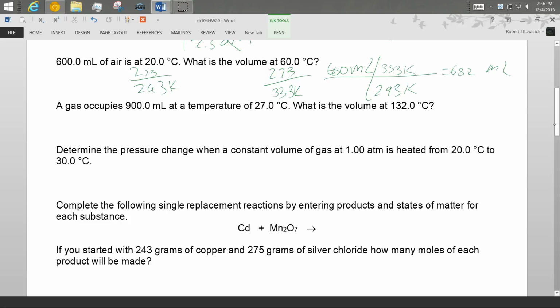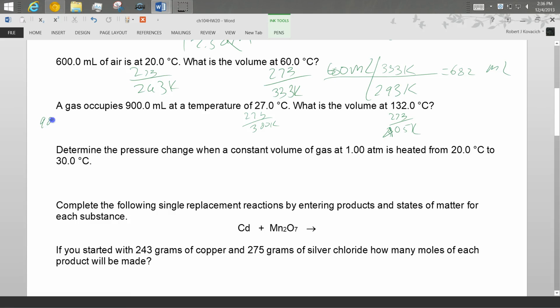So now I've got a gas at 900 milliliters at this temp and a new temp. Same problem, right? I've got an increase in temperature and I want to check what happens to the volume. So 273. So I got 300 K and 405 K. So the temp goes up, so the volume must be going up.